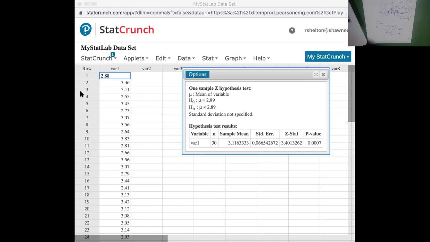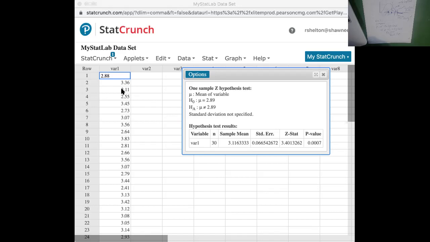Okay, now the key word on this test is that we're not testing that it's different from 0, but that the weight loss was more than 0. So that's a one-sided, one-tailed test. The alternative hypothesis, HA, is that the weight loss was greater than 0.